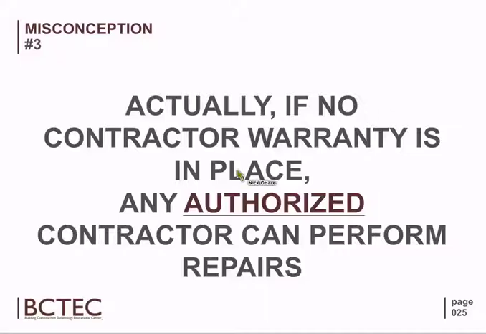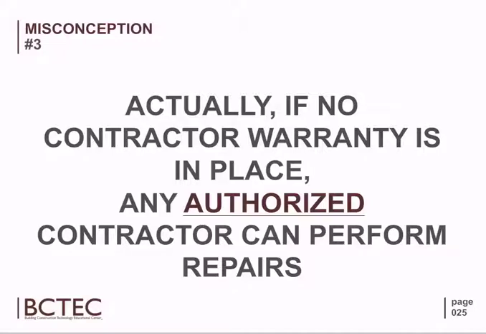But the one thing that we have to really understand is that if no contractor's warranty is in place, any authorized contractor can perform the repairs. So the critical part here is a contractor warranty. We call those guarantees. Those are guarantees on workmanship. Typically, industry standard contractors will offer on a roof replacement anywhere from 6 months to 2 years maximum.